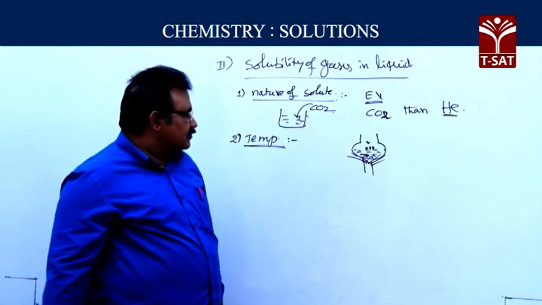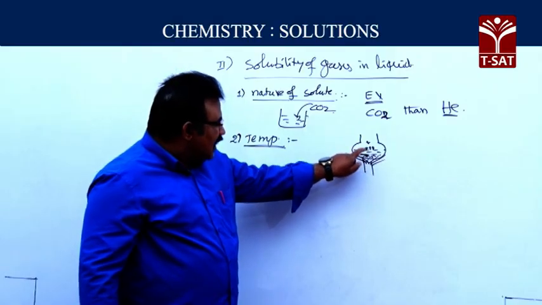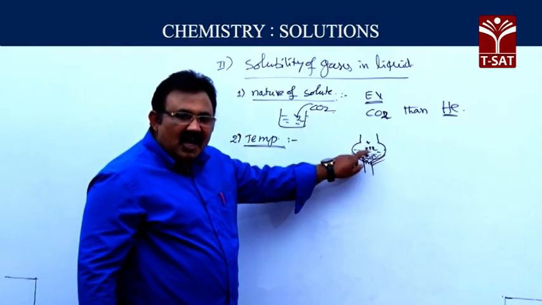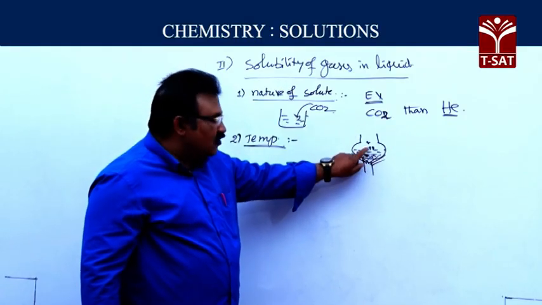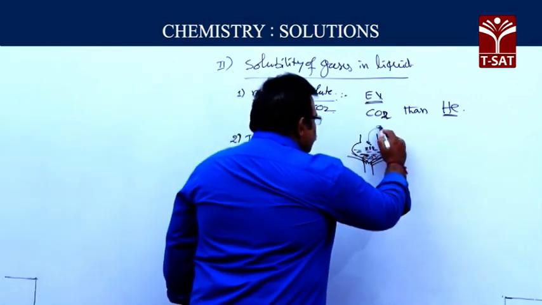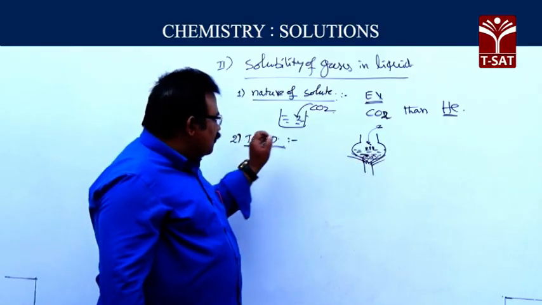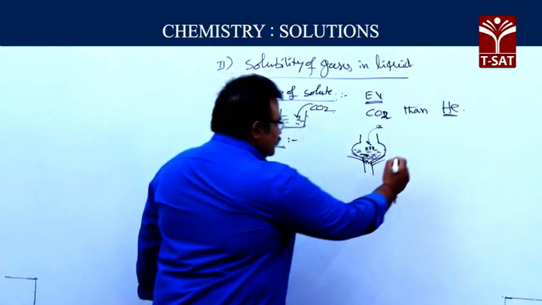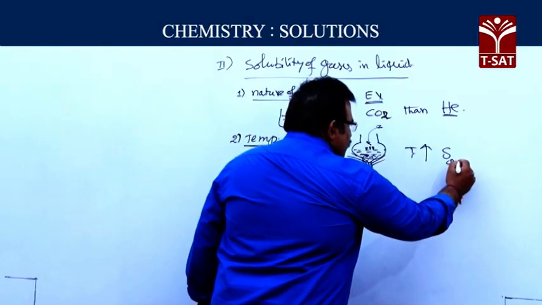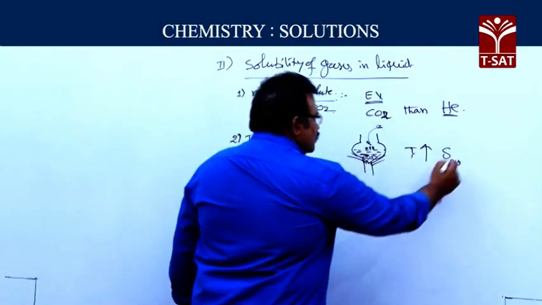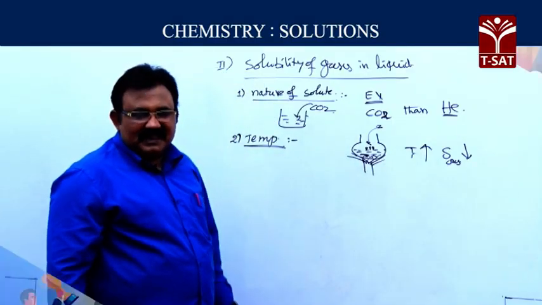When a liquid is heated, whatever gases are dissolved in the liquid come out as bubbles and escape from the vessel. That means as temperature increases, the solubility of gas in that particular solvent decreases. This can be applied to any type of gas.